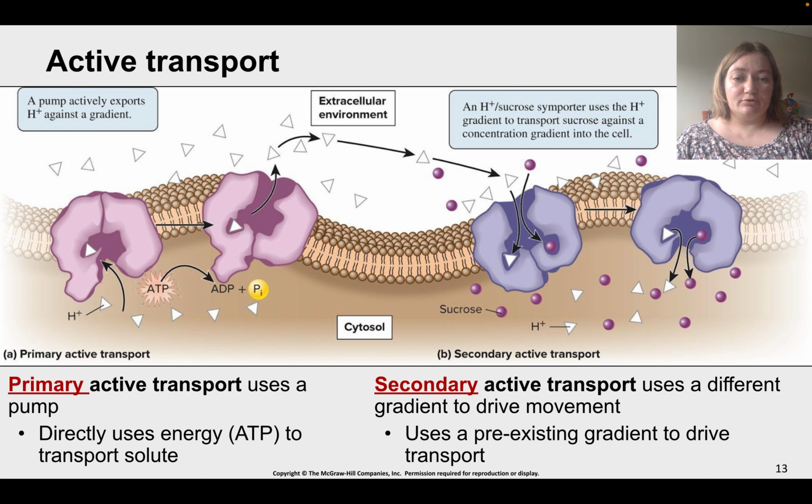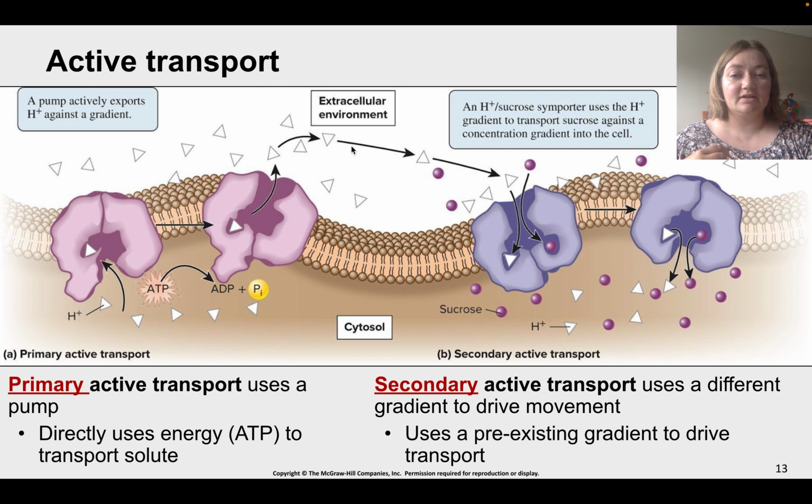Now, secondary transport is a little different, right? In secondary transport, we're still moving molecules against their gradient, but we are using a different way. We're essentially using a pre-existing gradient to drive transport instead of directly using ATP. So in primary active transport, we've used energy, we've built up this gradient of these white triangle molecules here, and now we're using this built up gradient, because molecules don't want to go against their gradient, they want to go with their gradient, right?